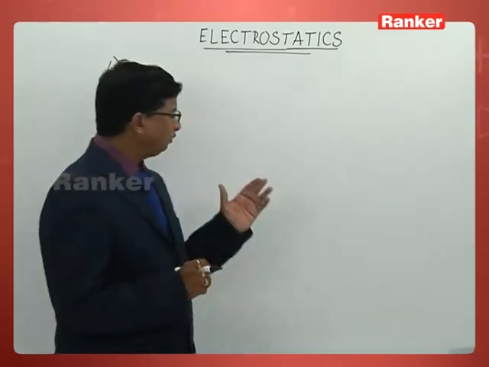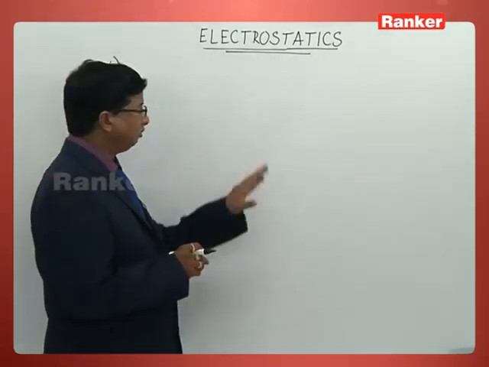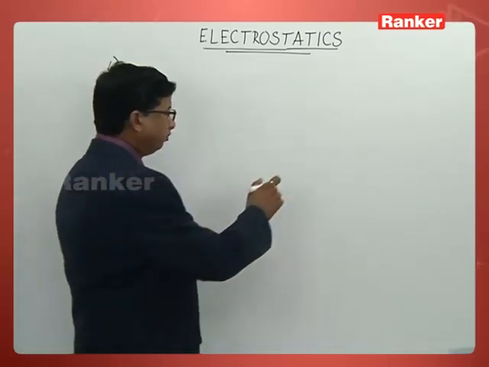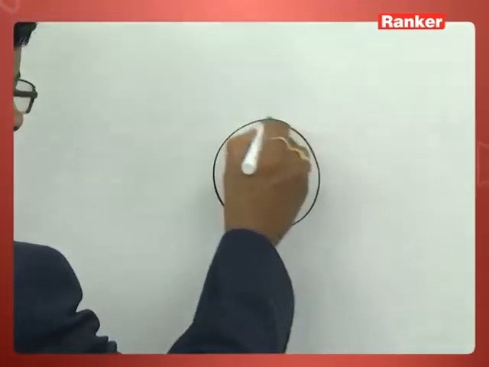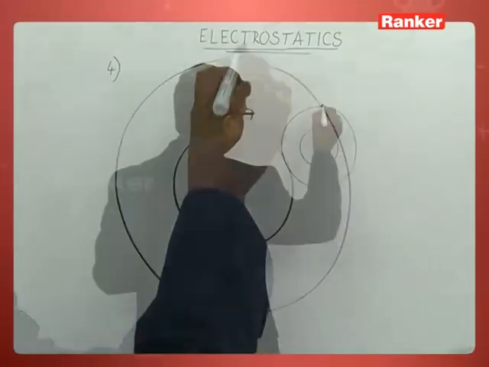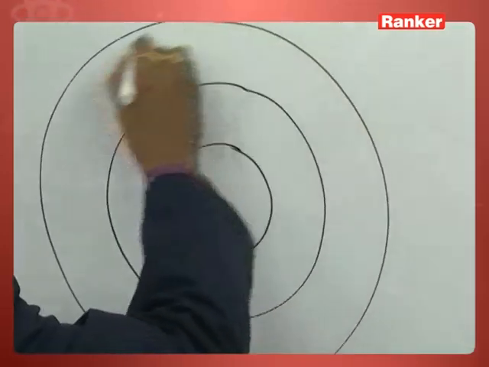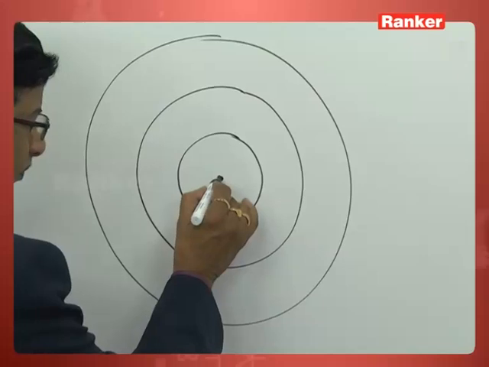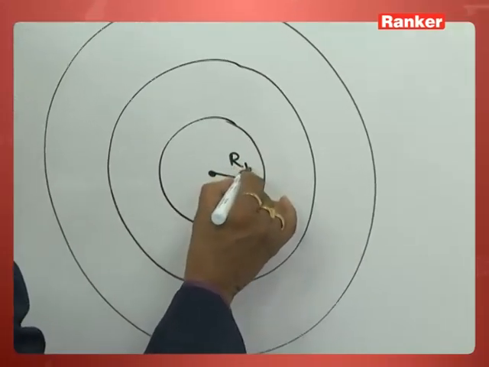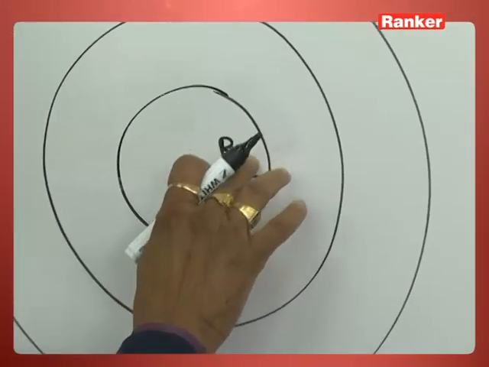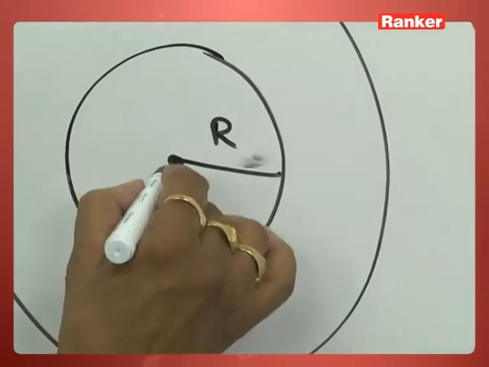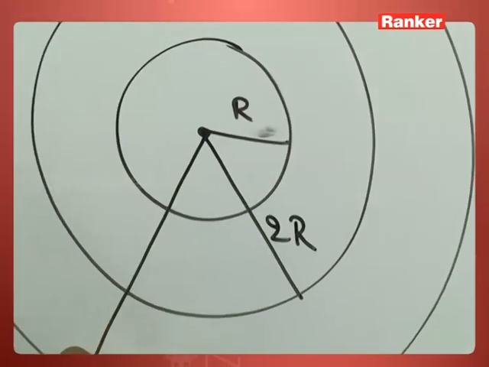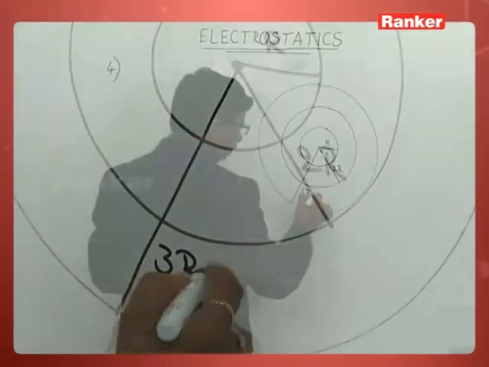So what are the things he has given? Let me tell you by considering a small diagram here. He is talking about 3 concentric spherical shells. Since they have the same and common center, the first one has radius R, the second one has radius 2R, and the third one has radius 3R.